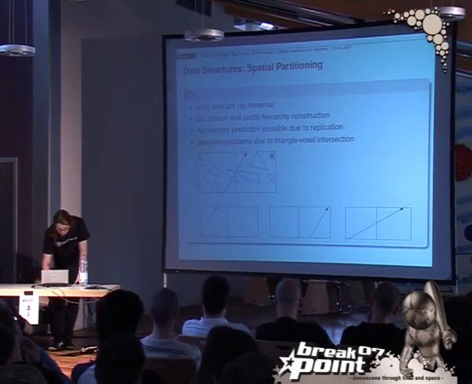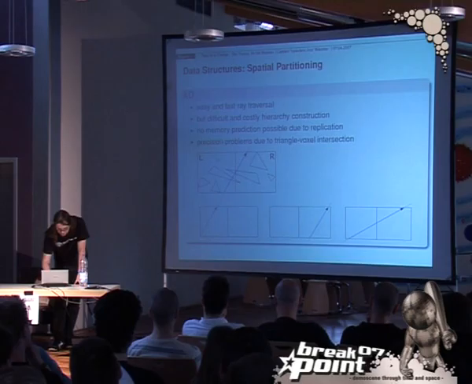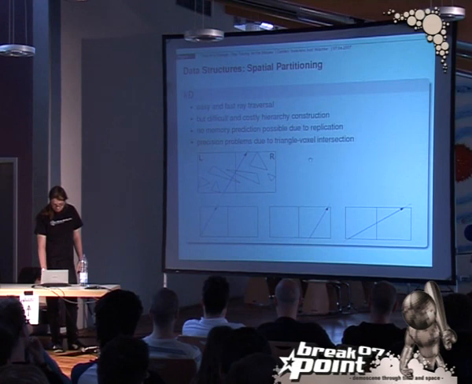No, for the later cases, it might be the case that a triangle is, for example, here, and it will intersect the split plane here. But this doesn't matter. It's not in the left half, it's just in the right half, because it crosses just a corner. So this is mathematically involved, the triangle voxel intersection, and it's also very costly to do.